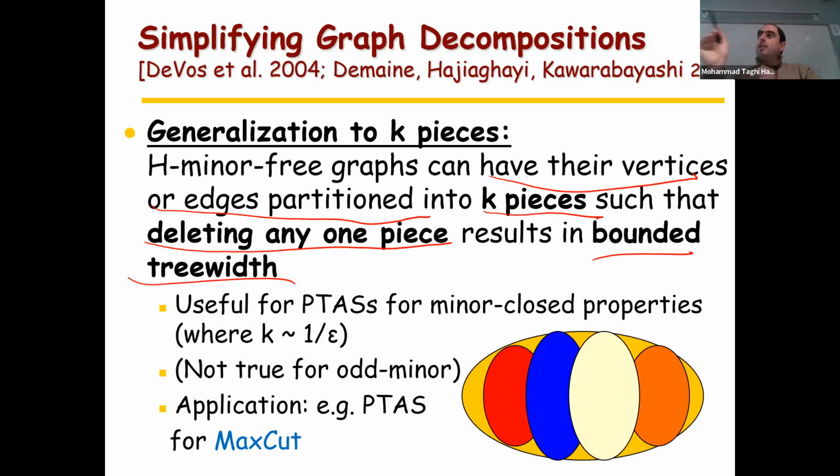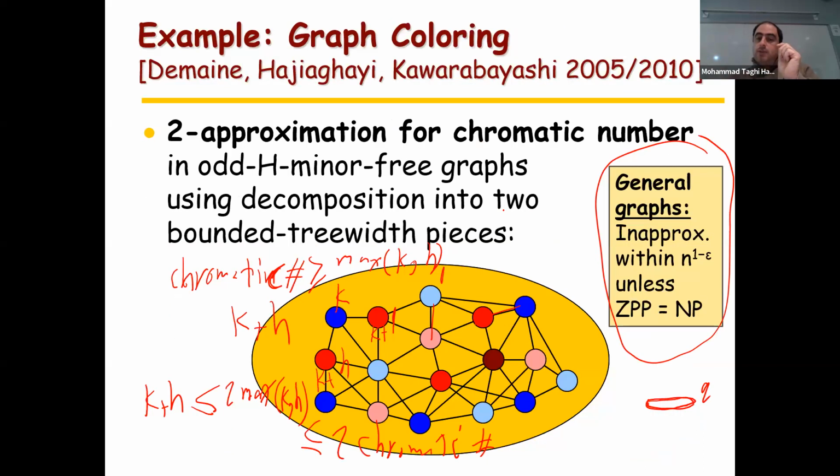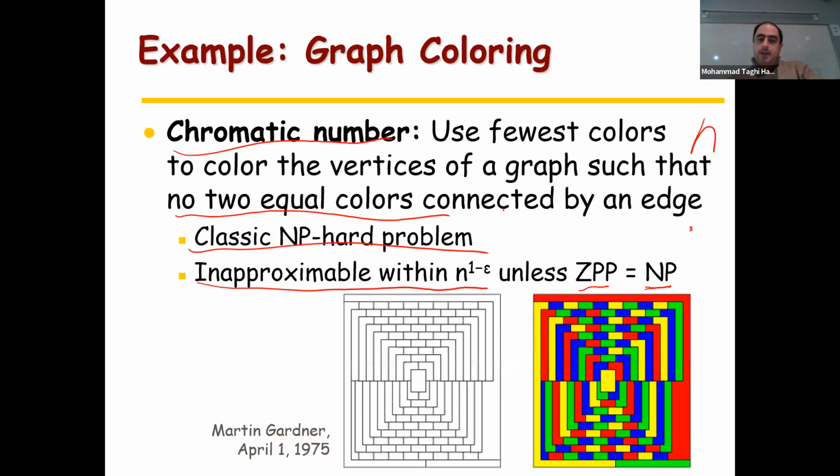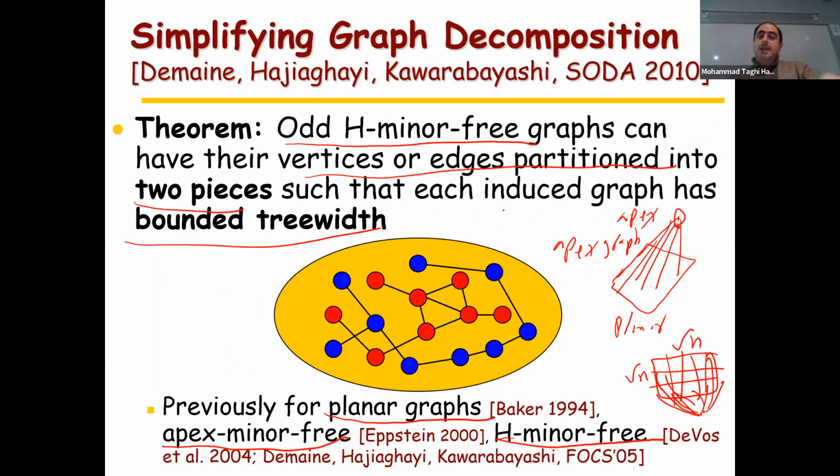And again, this is important. This version that I have mentioned, sometimes the edge version is important, sometimes the vertex version. In the previous case also it was like this. Here also we had vertices or edges.